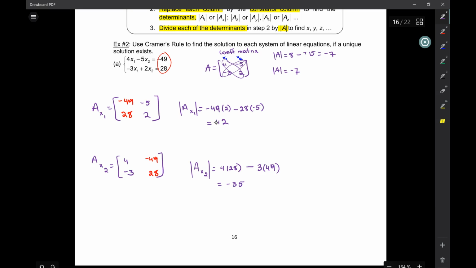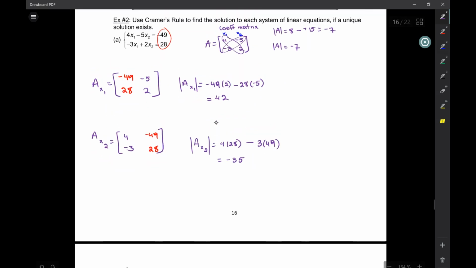So far I've done nothing to solve for X1 and X2. Now comes the good part. That variable X1 is just the determinant of AX1 over the determinant of A. So 42 over negative 7, negative 6.